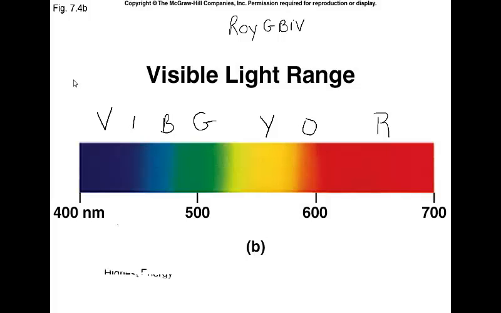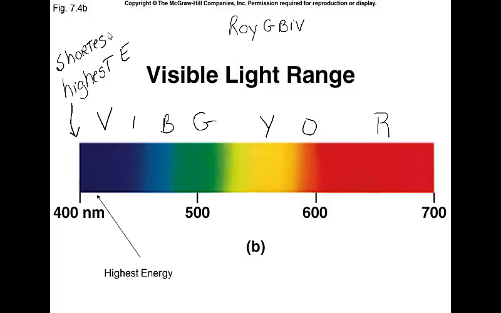This is your high energy right here. This is the highest energy. This is the shortest wavelength. This end right here, this is the shortest wavelength, and this is the highest frequency.